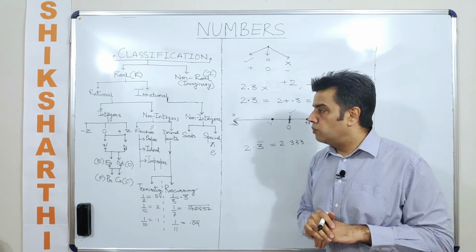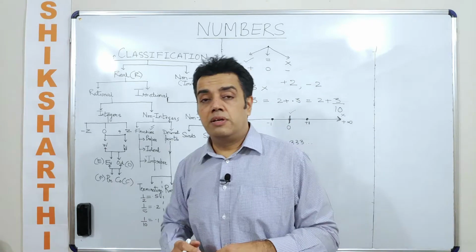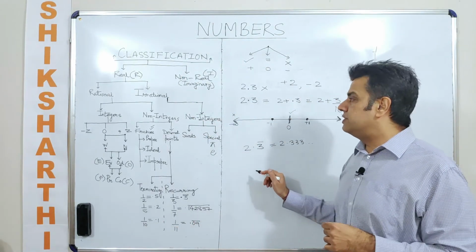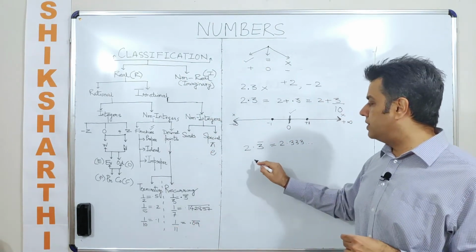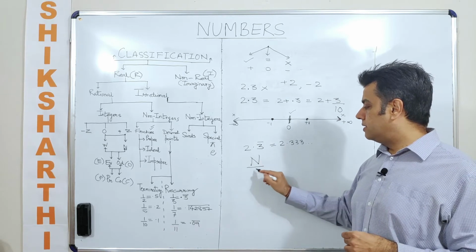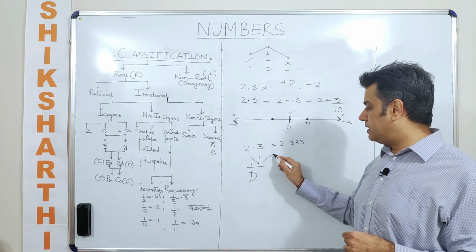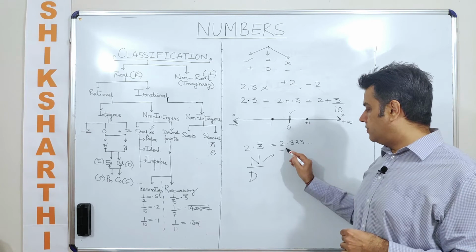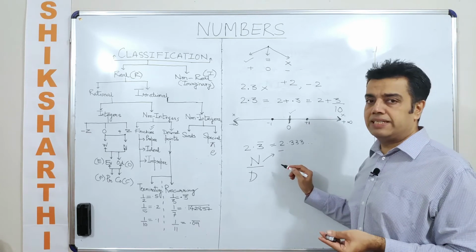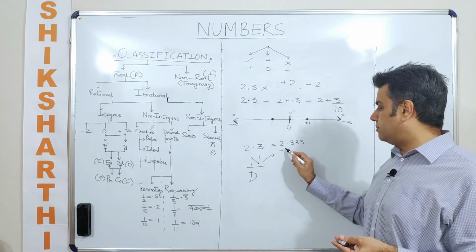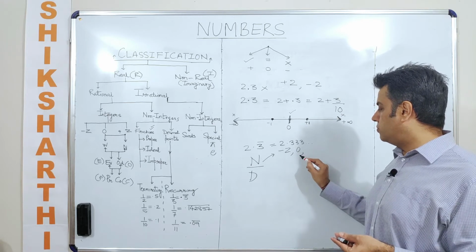So what are rational numbers? Rational numbers are those numbers which can be written in the form of a numerator upon a denominator, such that the numerator is either a positive, negative or neutral integer. So either it will be minus z or it will be 0, or it will be plus z.